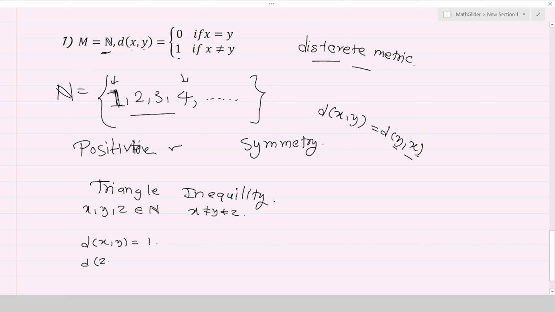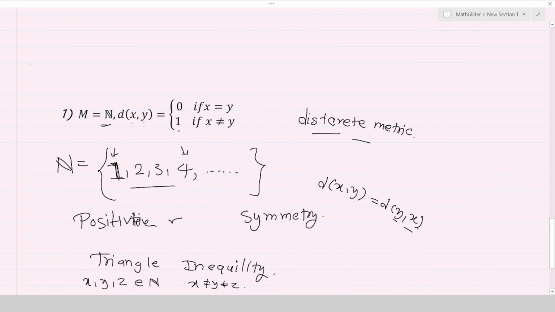Distance between x, z is 1. Distance between z, y is 1. So you can see that if you add these two distances, the distance between x, z plus the distance between z, y, this is 2, which is greater than or equal to 1, the distance between x, y. So you can easily see that it satisfies the triangle inequality also.